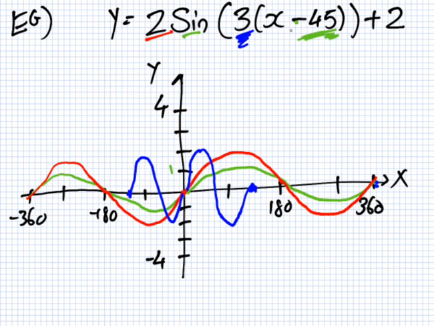So there's the first graph. I'll make the angle a bit smaller. We'll say 30. Left or right? It is left. The blue one moved to the left from the red. So this one here moves.